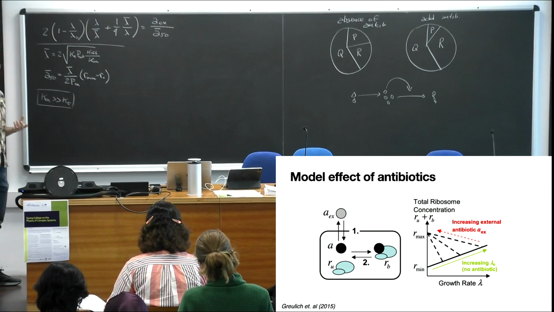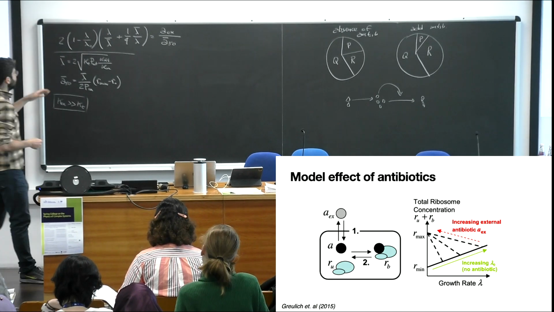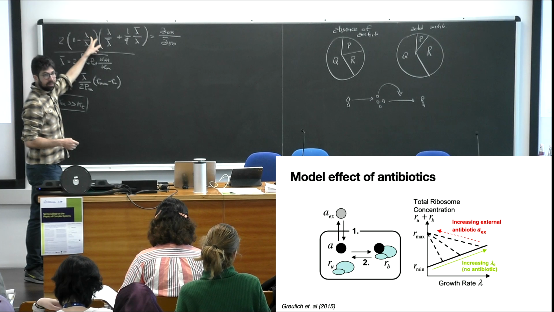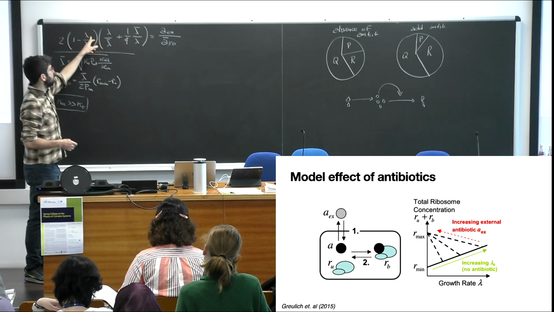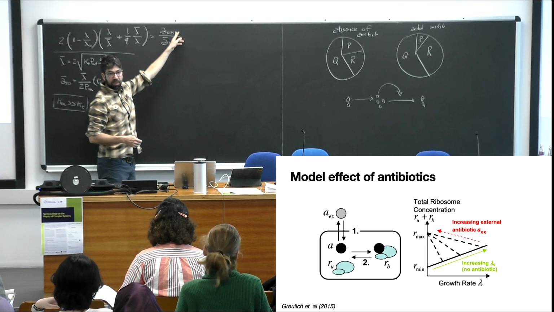And this equation is an implicit equation. It's an equation that you have to solve to get the value of the growth rate as a function of all the parameters and the concentration of antibiotics.